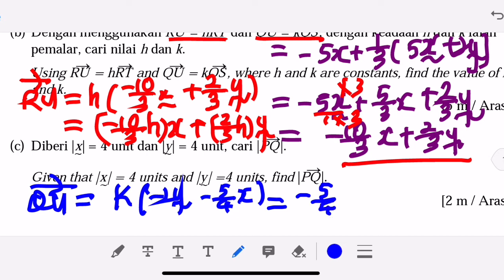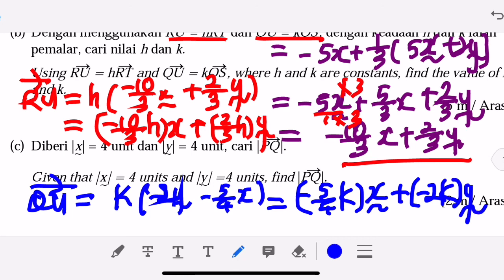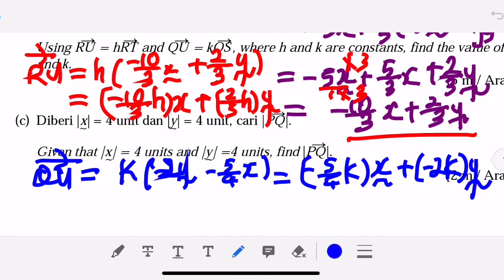You have negative 5 over 4kx, we prefer to write the x first, and then minus 2ky. You can write it like plus negative 2ky, it's okay, but if you want to simplify further, it will be negative 5 over 4kx minus 2ky, right?